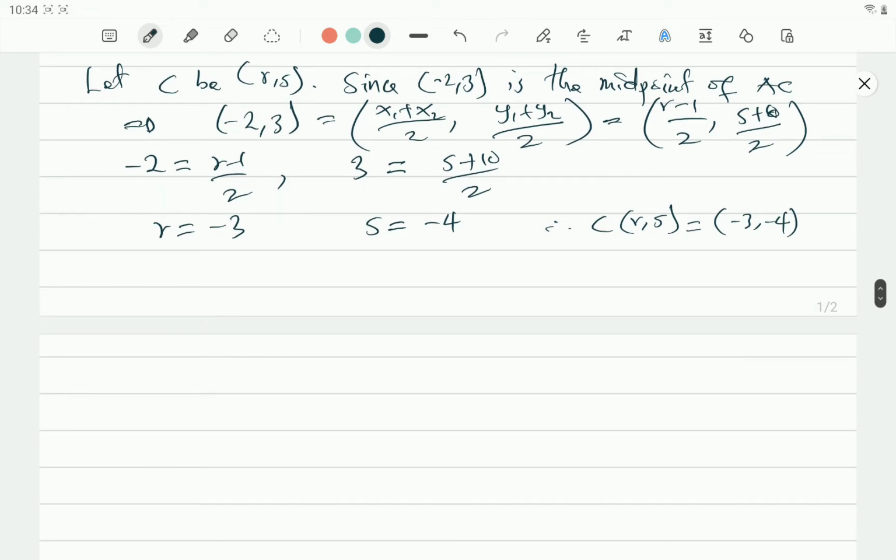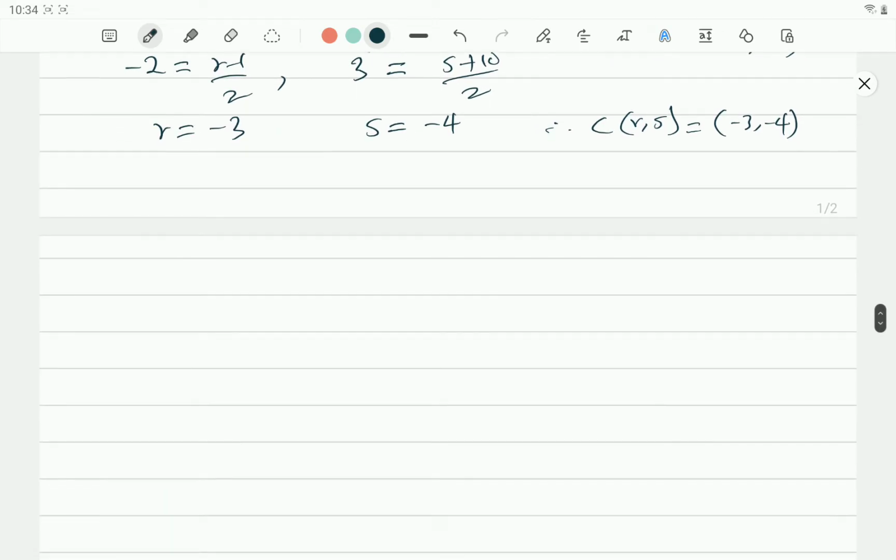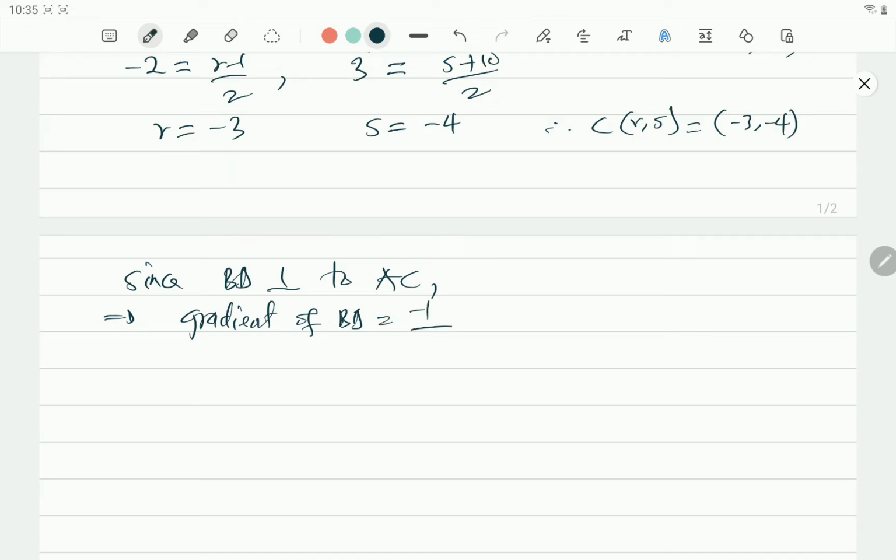So since BD is perpendicular to AC, it implies that the gradient of BD is equal to negative 1 over the gradient of AC, which is negative 1 over 7.